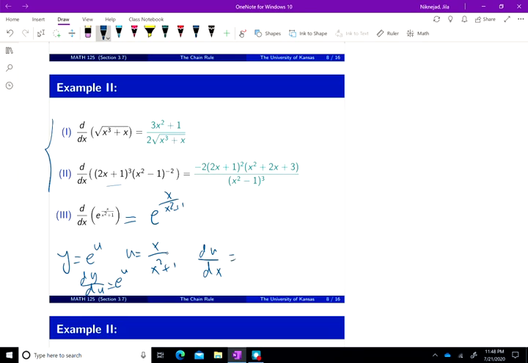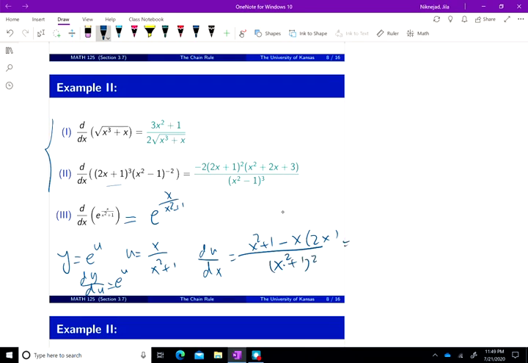the derivative of the inside, this one is a quotient rule, and it will be the derivative of the top times the bottom minus the top times the derivative of the bottom, divided by the bottom to power 2.